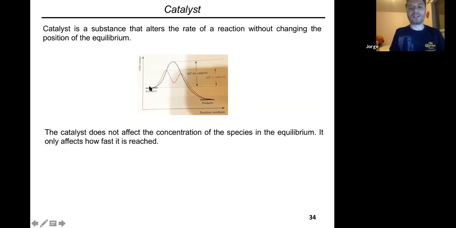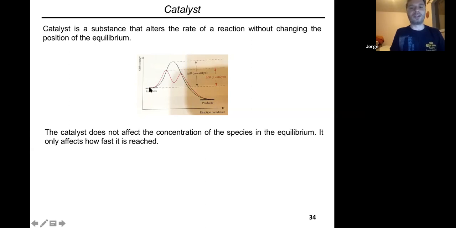However, in the presence of the catalyst, there is a new path for the reaction to follow, and this new path is represented by this light red curve. Now there is the formation of an intermediate, then the reaction proceeds and reaches the products.